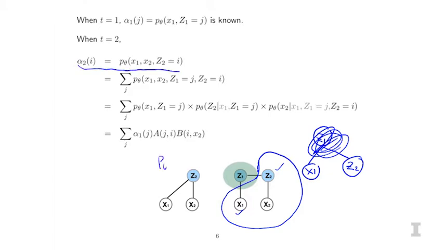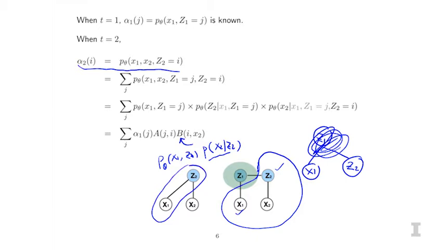It's p of x1, z2, and then times p of x2 given all the others, but that only relates to this edge, so it's x2 given z2. So this is basically the emission probability B, and we can directly grab it from the parameters of a hidden Markov model. But the joint distribution for this pair is complicated.